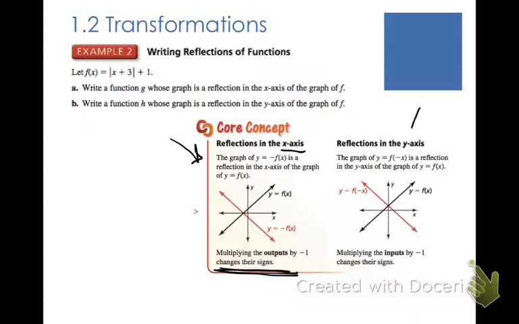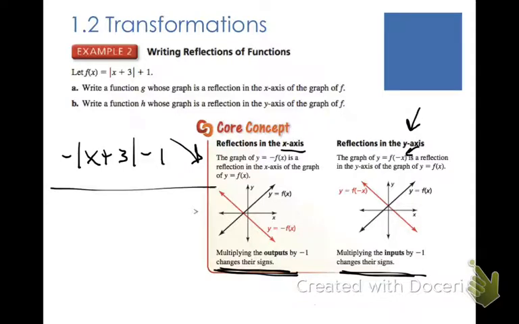Now a reflection in the y-axis means the graph is only reflected across the y-axis. It's just the inputs that are made negative. So here you're going to multiply the inputs by negative 1, just like what we did on A and B. So on A, we multiplied the entire equation, what f of x equals, by a negative, and so we got negative absolute value of x plus 3 minus 1.